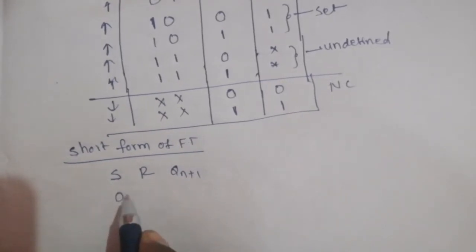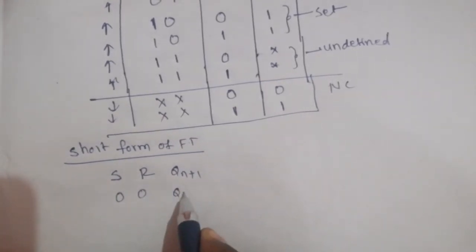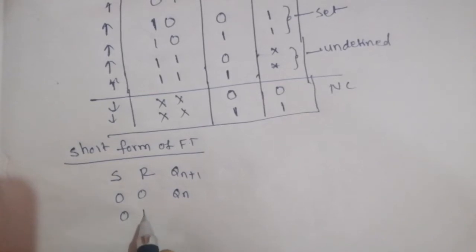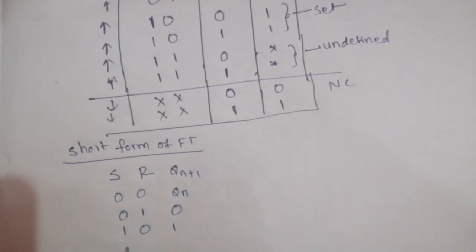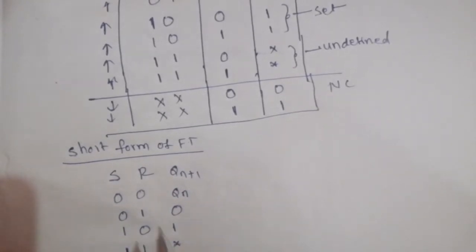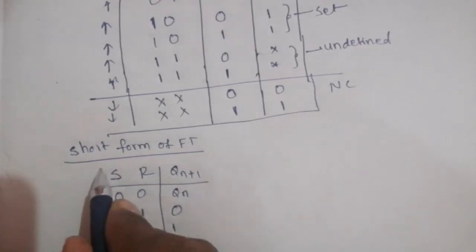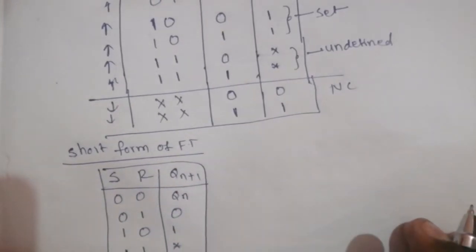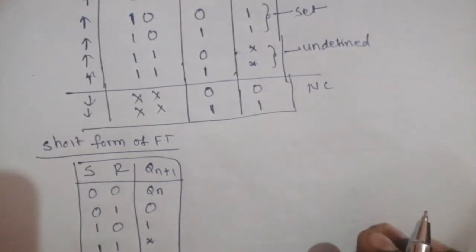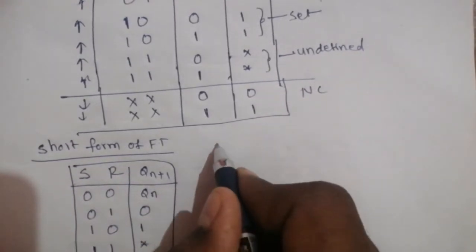If it is 0 0, the next state is the same as the present state. If it is 0 1, reset condition. If it is 1 0, set condition. If it is 1 1, undefined state. From this we know the excitation table also.